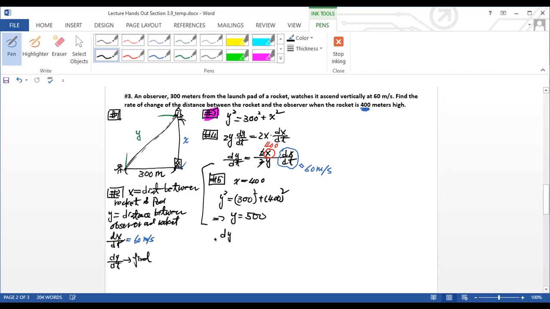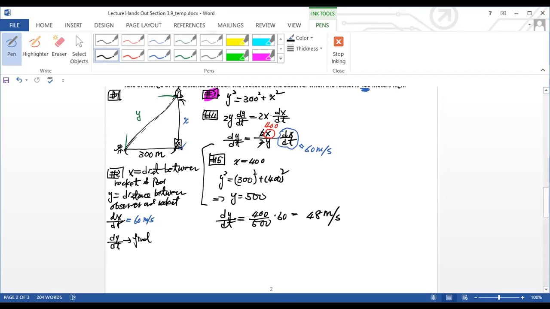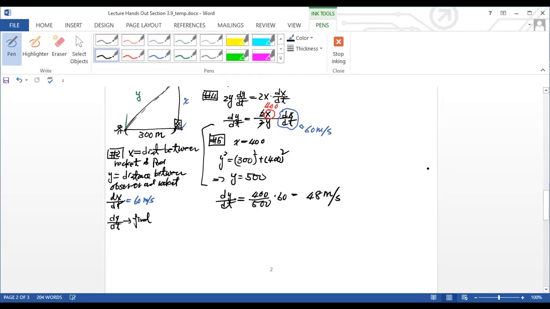So dy/dt, with x equal to 400, y equal to 500, and dx/dt equal to 60. Now you use your calculator, and you will find that this is 48 meters per second. This one is still very basic, because the right triangle is easy, so the Pythagorean theorem can find the equation in step number 3 easily.